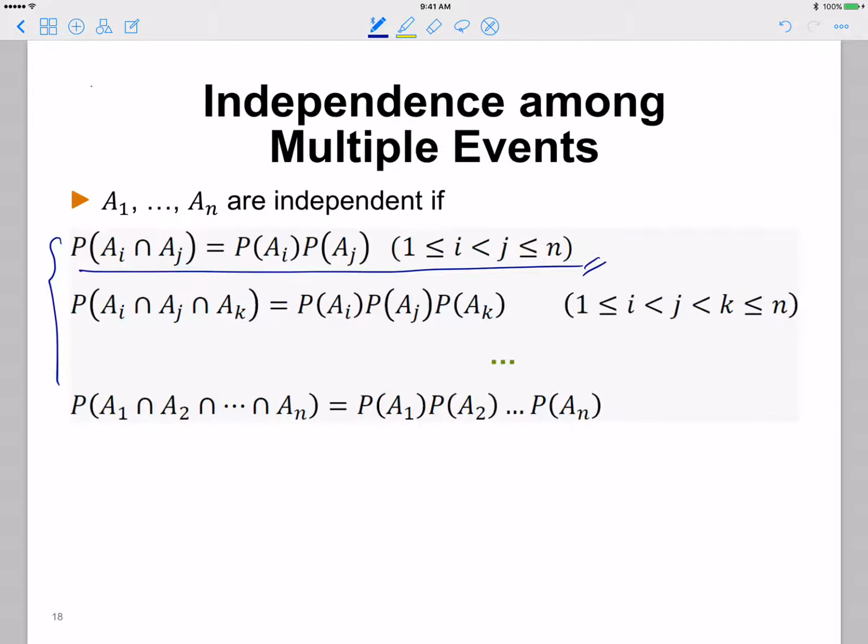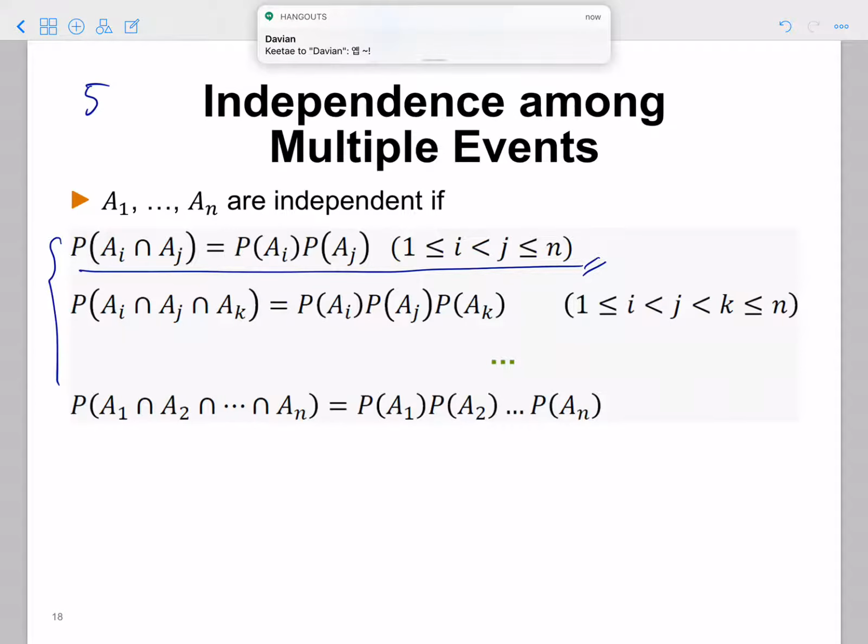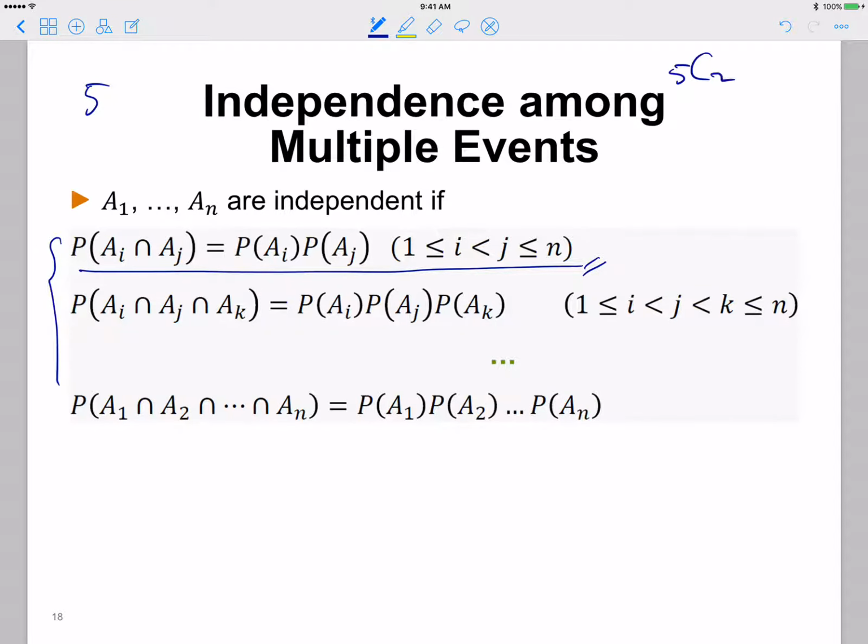If we have 5 events, and we want to see if all 5 are independent, we pick every possible pair, 2 out of 5. In that case, we will have in total 10 cases, ignoring the order. And we have to check for each of these 10 cases.